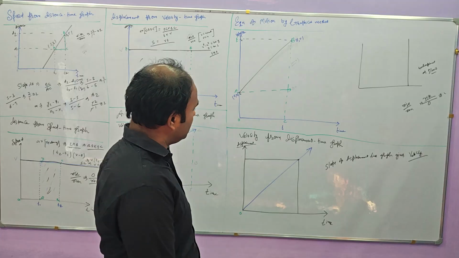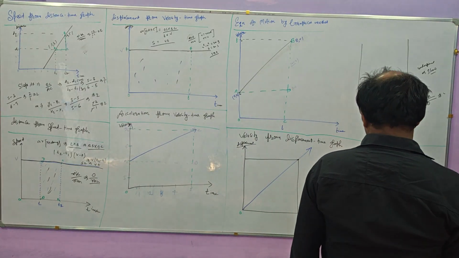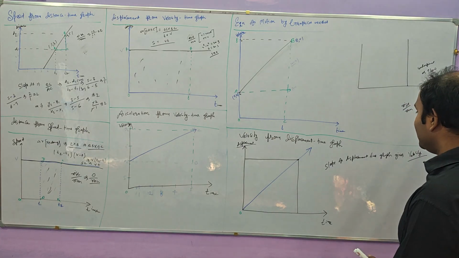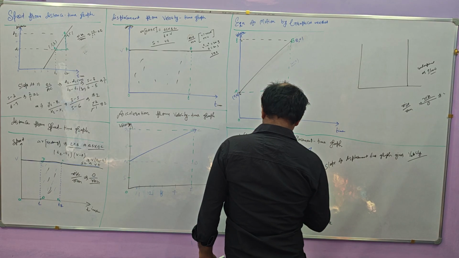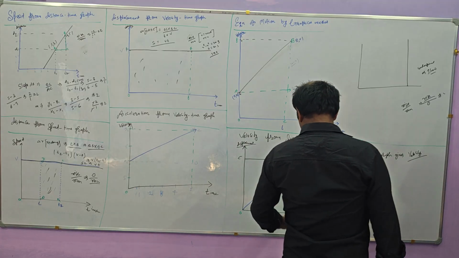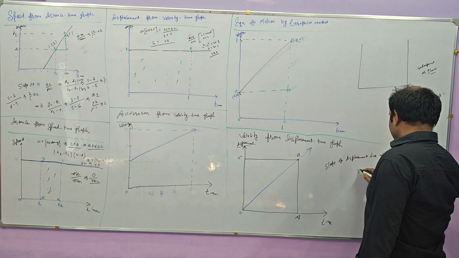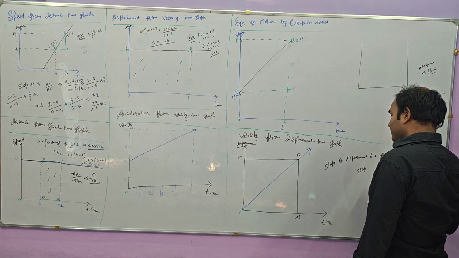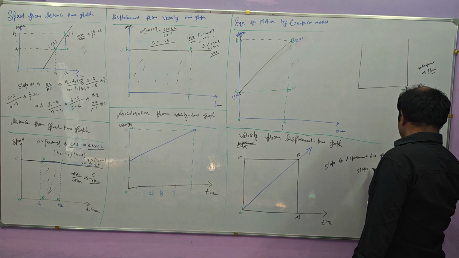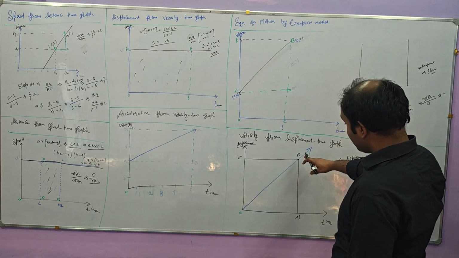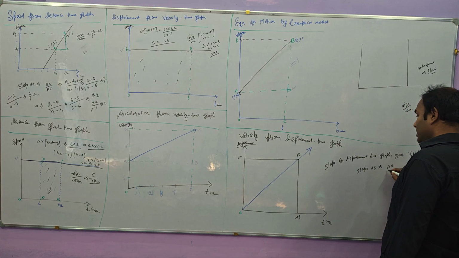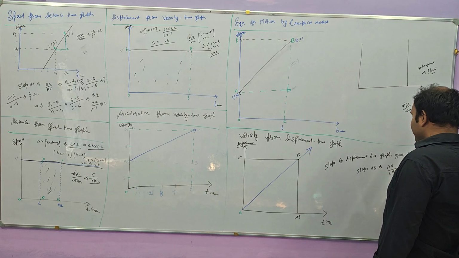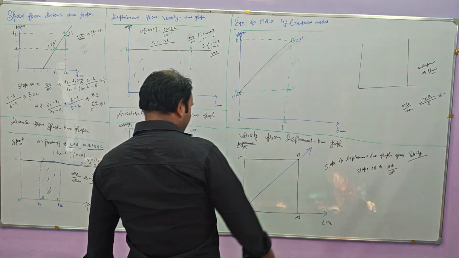We get the slope of the displacement time graph, and when we name these points A, B, C, then the slope OB is equal to what? AB upon OA.